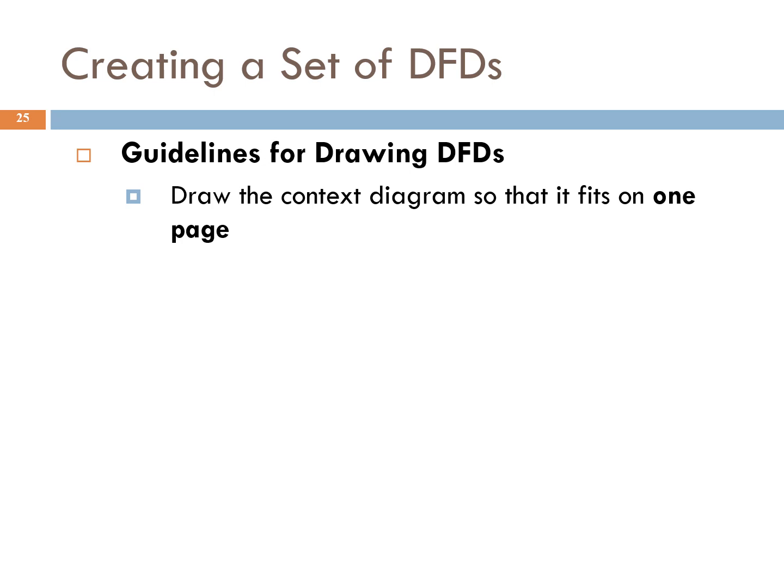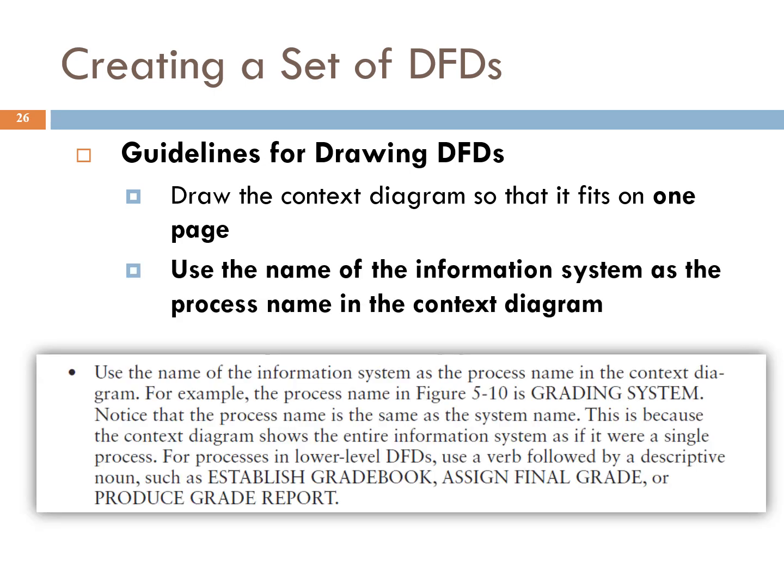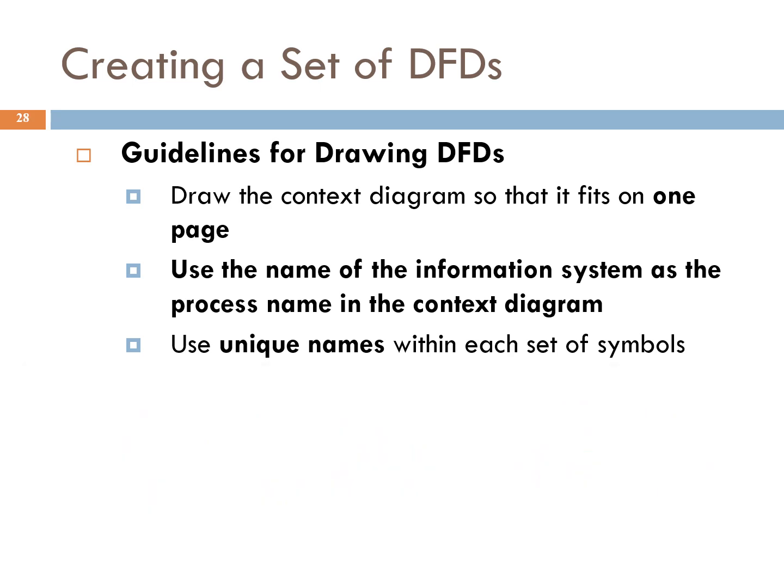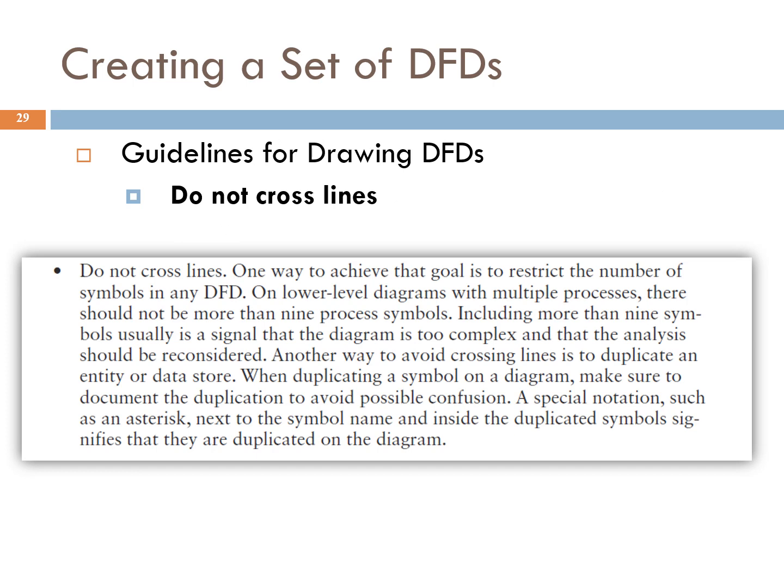Okay, we look at the context diagram, so that the diagram fits in one page. Use the name of the information system as the process name in the context diagram. Use unique names within each set of symbols. Do not cross lines.